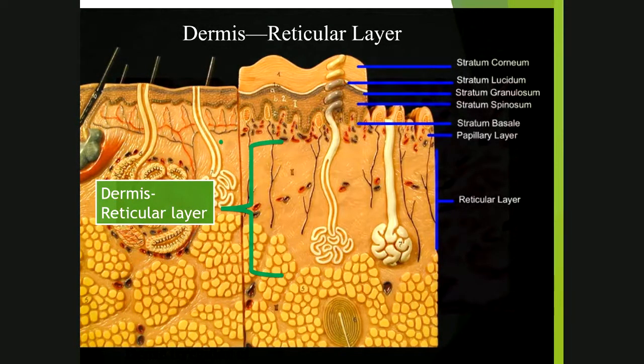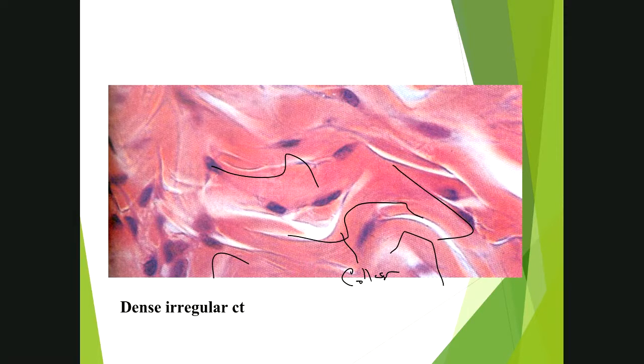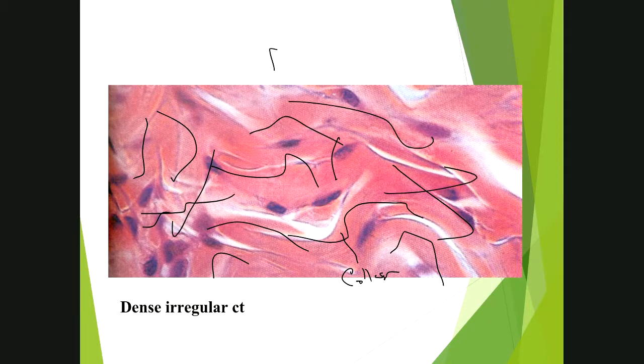And it's these fibers. So it's dense, irregular. So remember, dense irregular, those thick collagen fibers. There's also some elastin, but look how they run. They run every which way. They're running in lots of different directions, and because they run in all these different directions, it resists tension in all directions. So no matter how you pull on the skin, it's going to resist that tension.